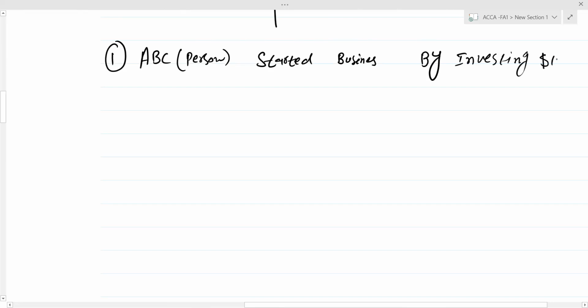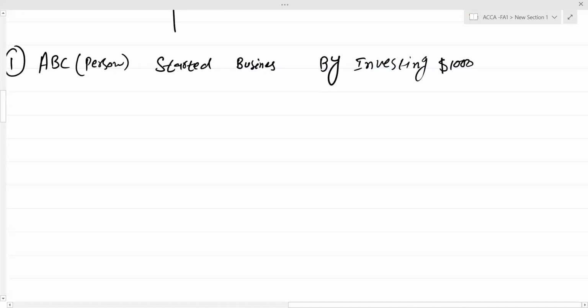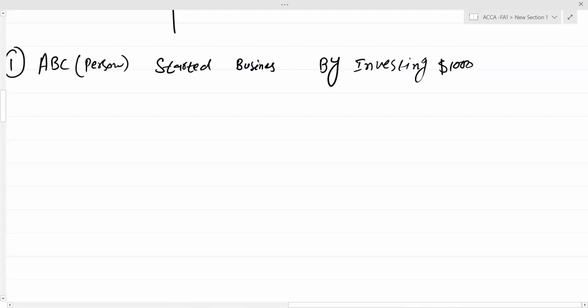So if you look carefully, I told you at the very start that business is separate from its owners. We will consider all the transactions as aspects of the business.